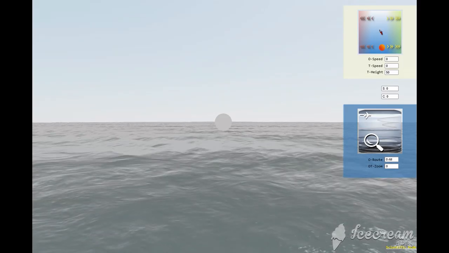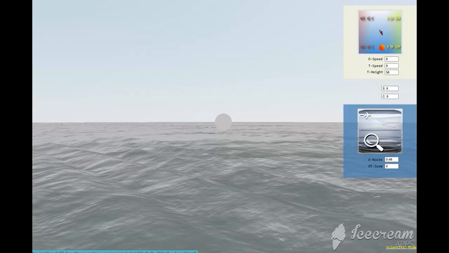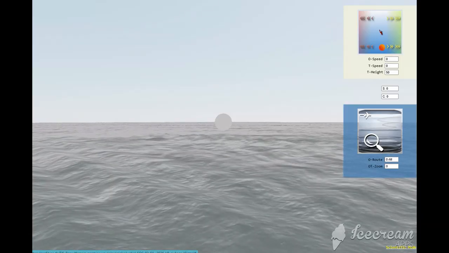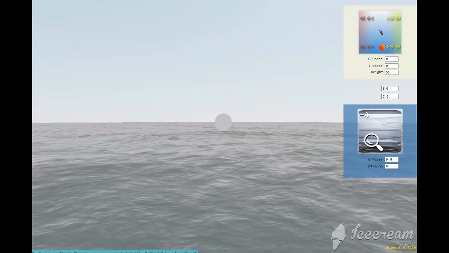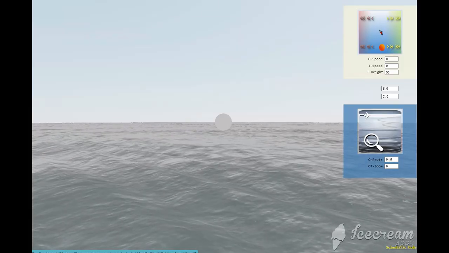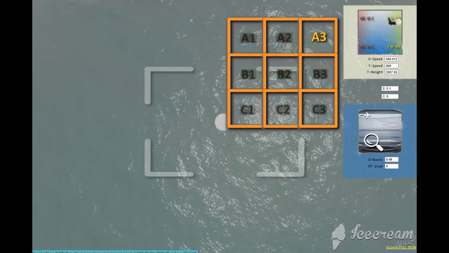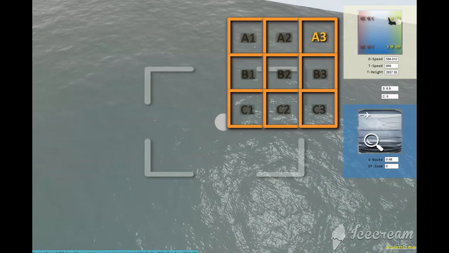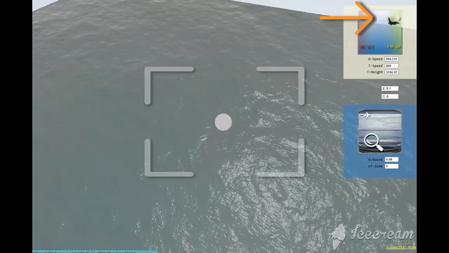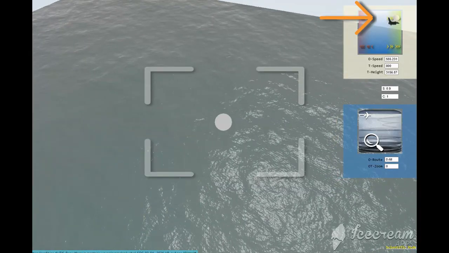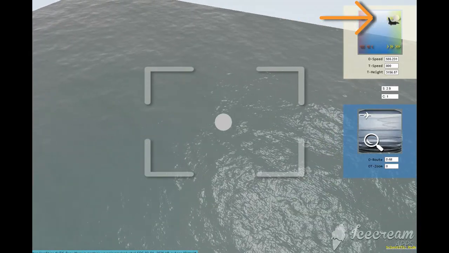Now, if we look upon the A3 of the matrix, the upper right corner of the 3x3 matrix, if I click on that right now, one will see that there is a jet fighter airplane icon in the background.